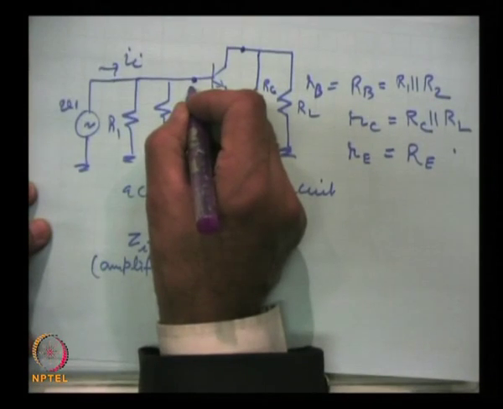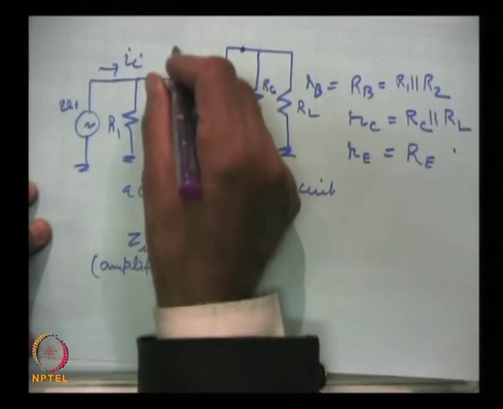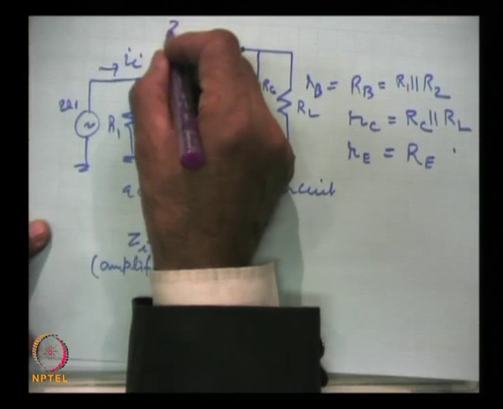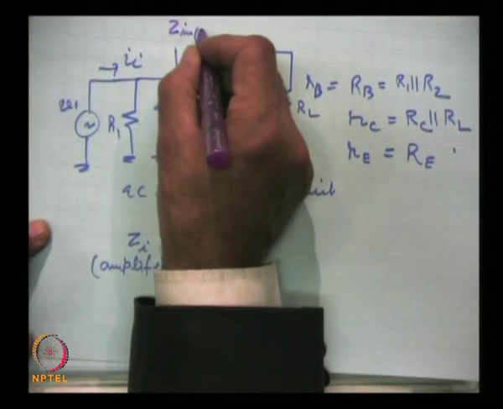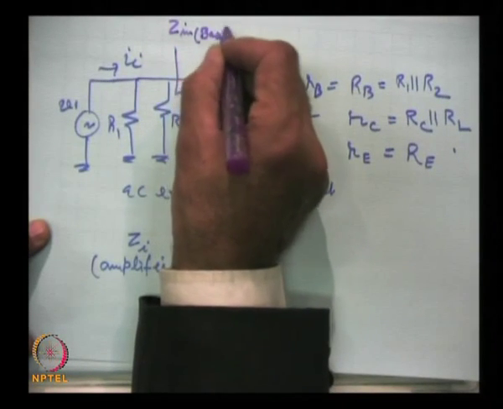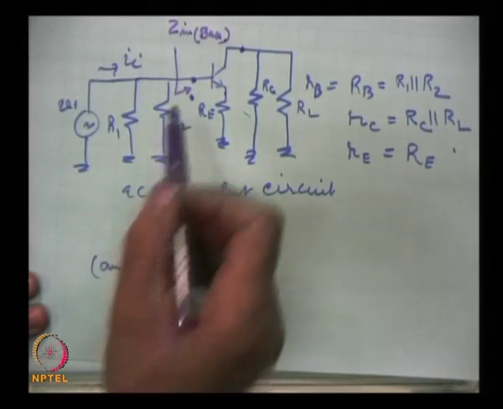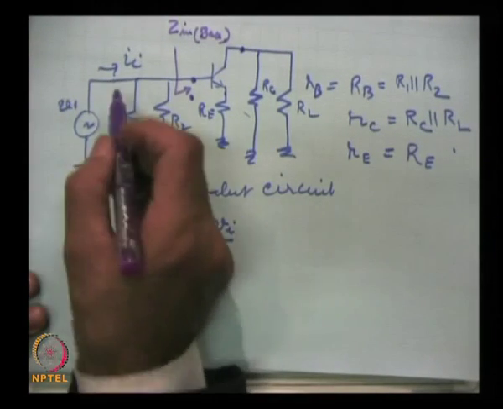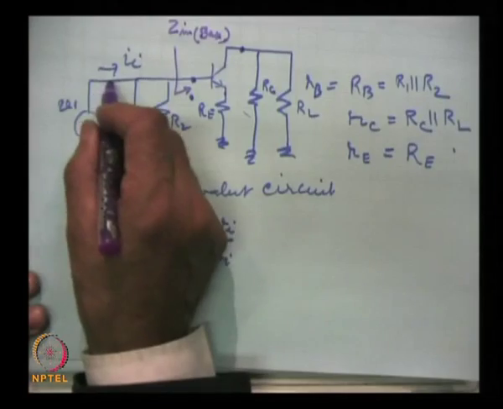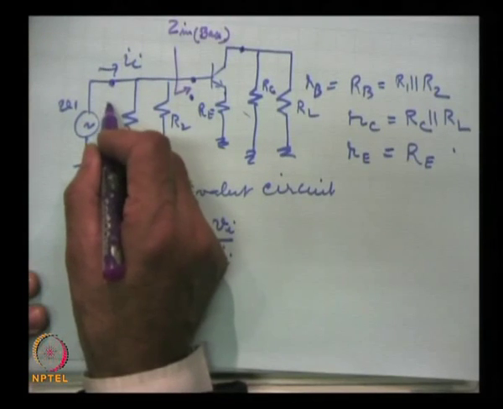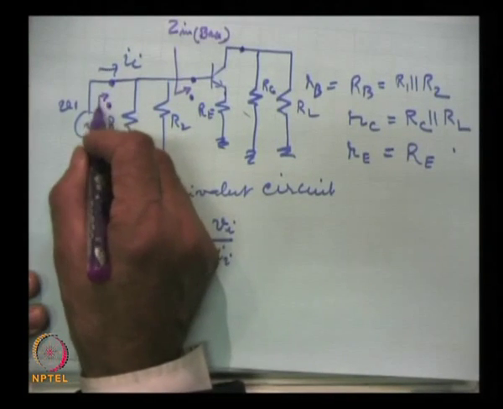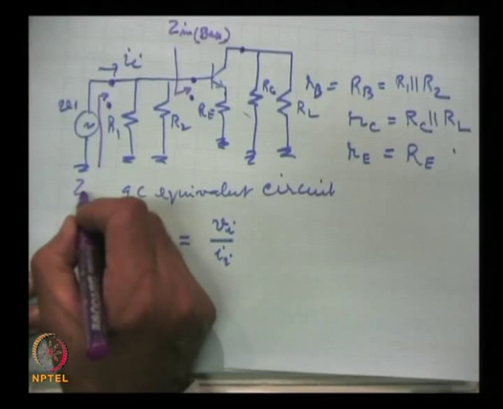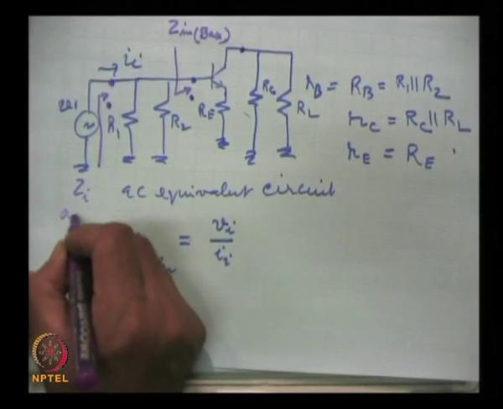This impedance seen here, this we call Z in base, and the impedance as seen here between this point and ground, this is for example Z I of the amplifier.